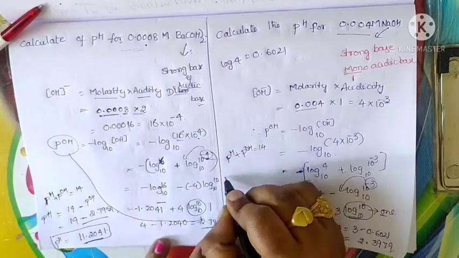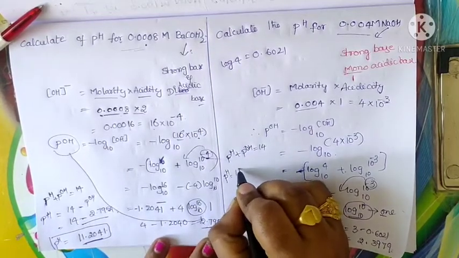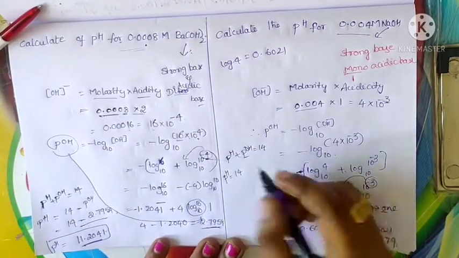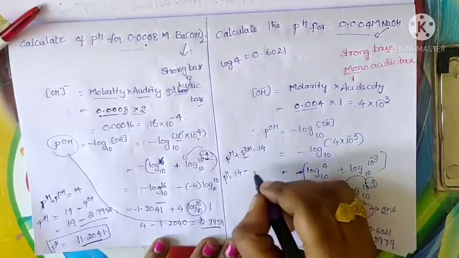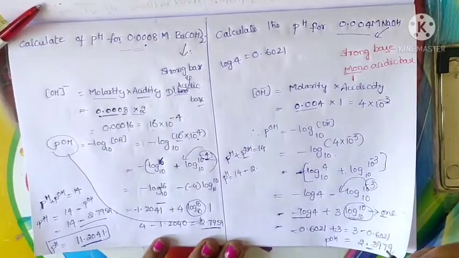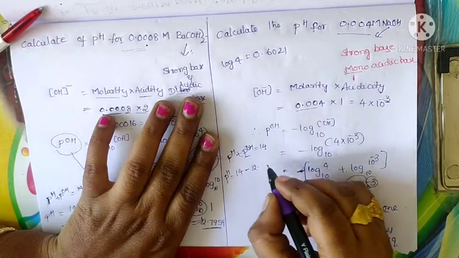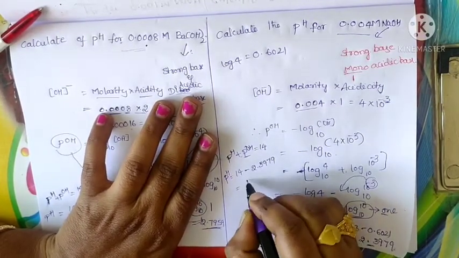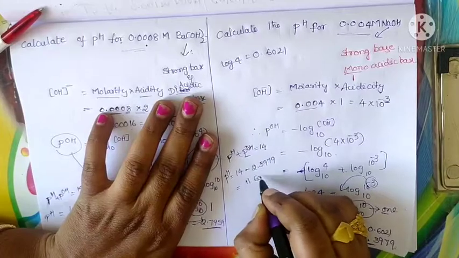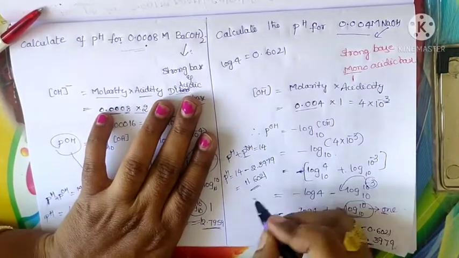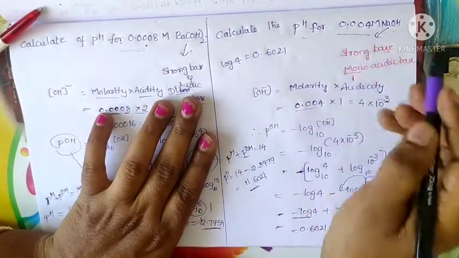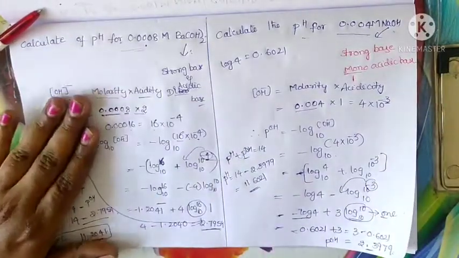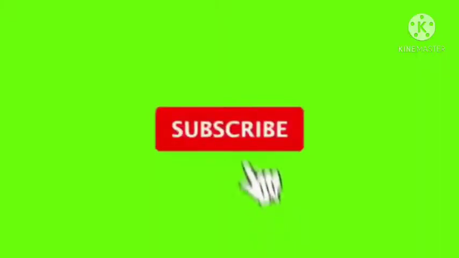The pH equals 14 minus the pOH, which is 2.3979. We put the value of pOH, 2.3979. The value becomes 11.6021. It is the pH of 0.004 molar concentration of NaOH.